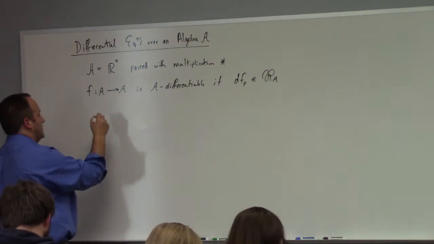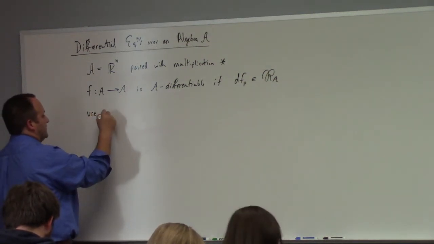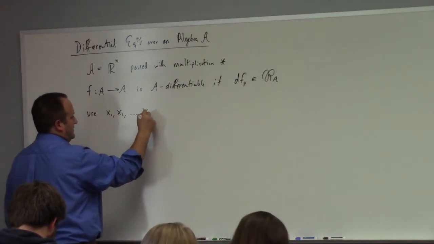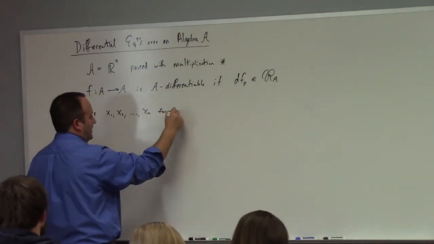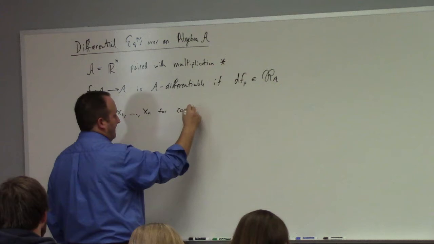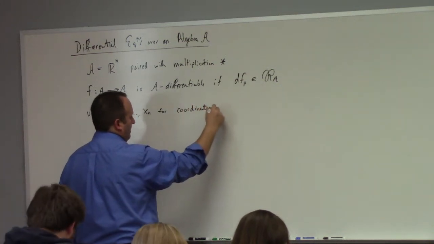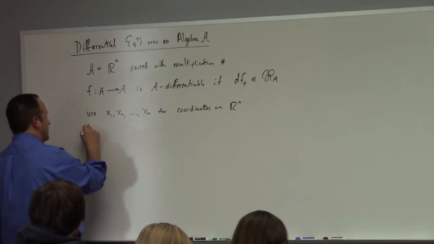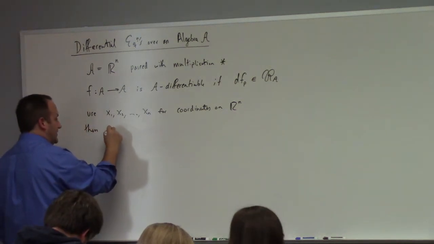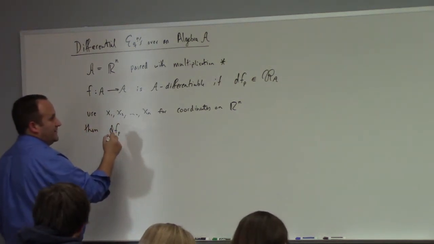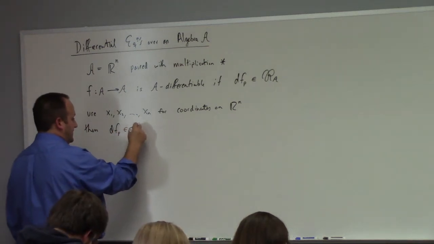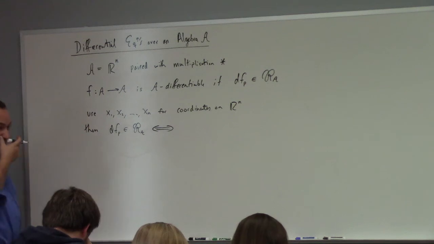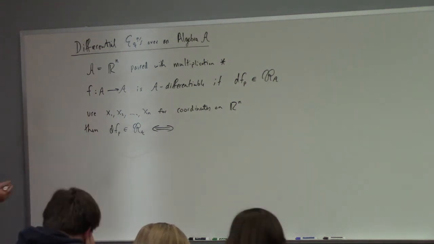Now here, if I use x1, x2, up to xn for coordinates on Rn, then this condition that the differential of f at P be in the regular representation of A is interchangeable with the following partial derivatives.